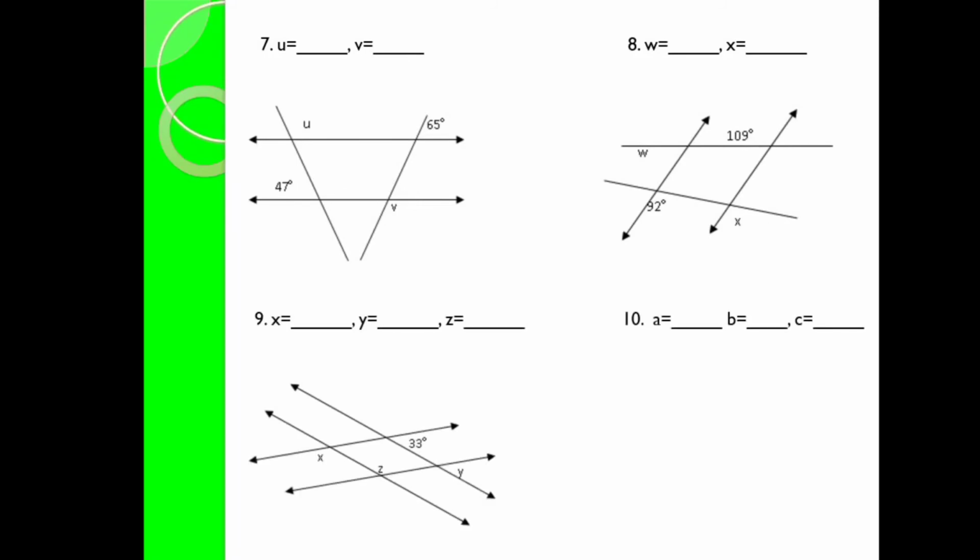Number 9, angle X is an exterior angle on the same side of a transversal with 33, and angle Y corresponds to 33. Angle Z is an alternate interior angle with angle X. Number 10, A is an exterior angle on the same side of a transversal with 130 degrees.